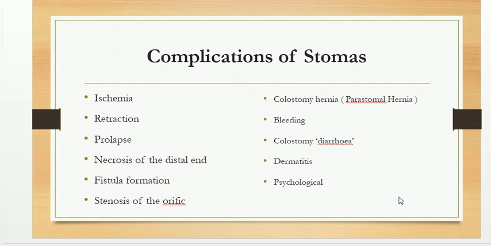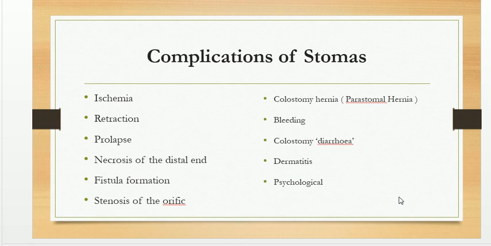Prolapse of the stoma. I will show some photographs where you can see these complications. With prolapse, the mucosa inside can come out, so stoma prolapse is another complication which can occur with stoma formation. Necrosis of the distal end. So the stoma can necrose, fistula formation, stenosis of the orifice in the skin.